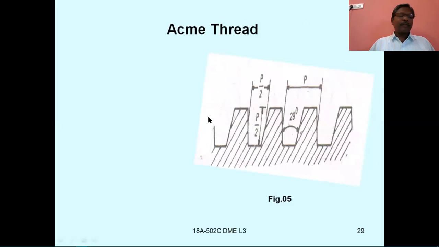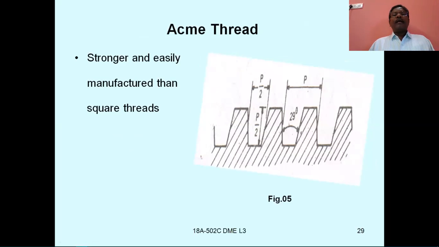And now it is Acme thread. This is stronger and more easily manufactured than screw threads, because there is no complication in manufacturing. The base strength of the thread is very high; strength will be more at the base.